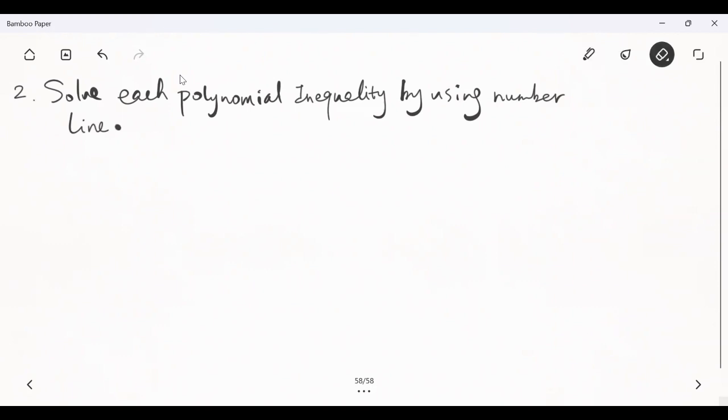At A is 2x squared plus 7x minus 4 more than or equal to 0.